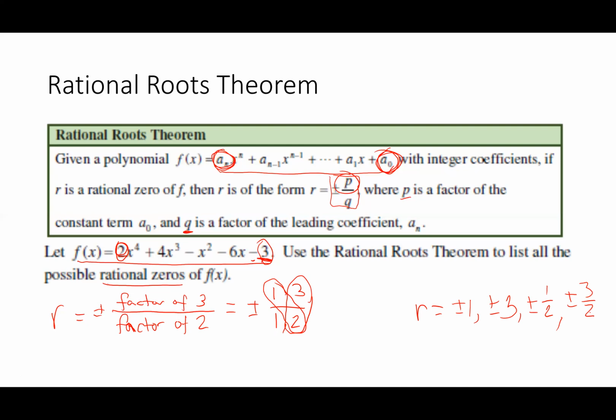So what we're going to do is check 1, negative 1, 3, negative 3, 1/2, negative 1/2, and 3/2, negative 3/2. If there is a rational zero in this thing, it's going to be one of these things. So it's going to be a lot of guessing and checking. We're going to be guessing and checking until we find one that when we use synthetic division on it, we get 0 as a remainder.